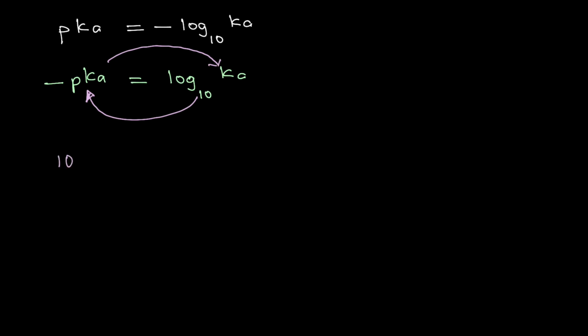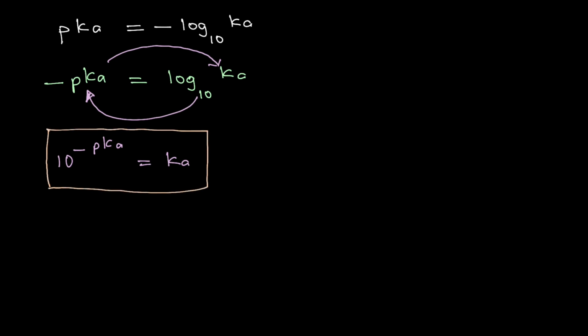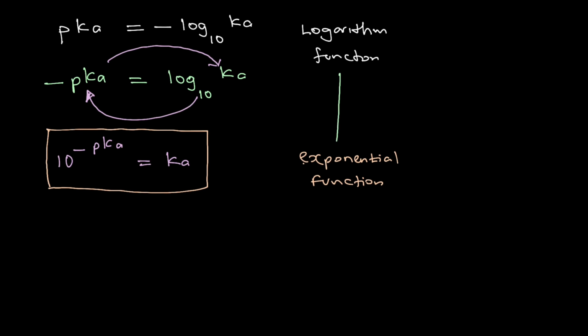So we write 10 to the power minus pKa equals Ka. And that's how you find the Ka from its pKa. The top one is a logarithm function, and the bottom one here is an exponential function. So you can interchange between logarithm and exponential function.